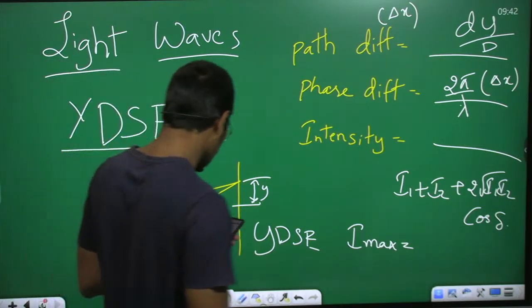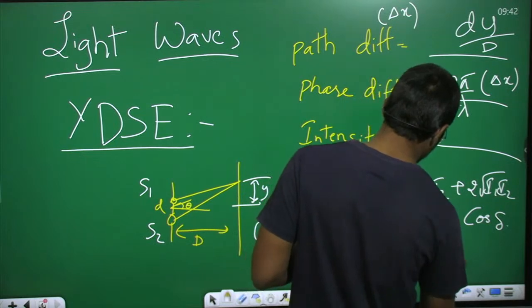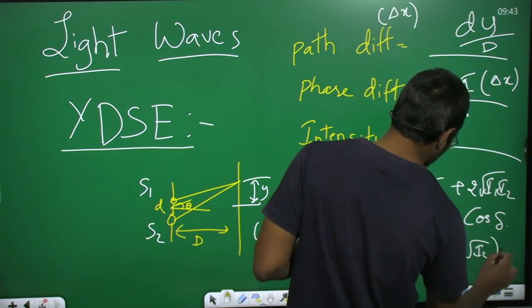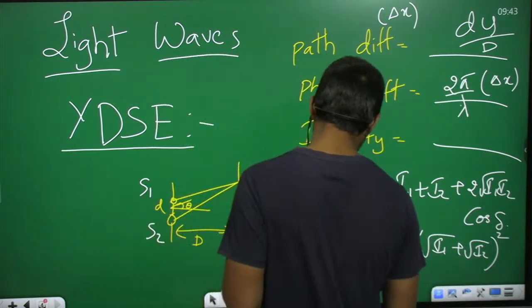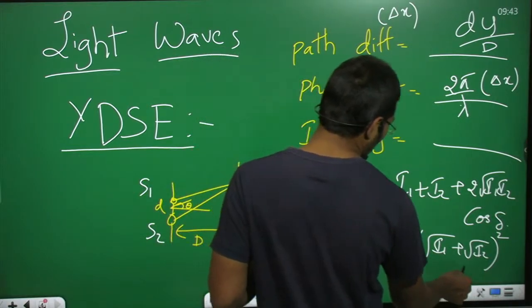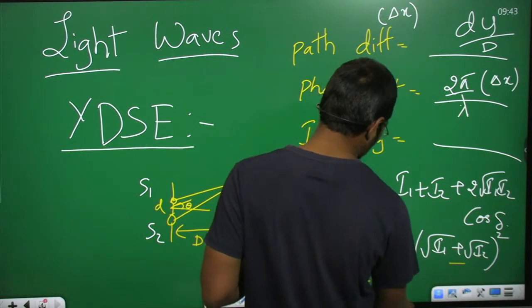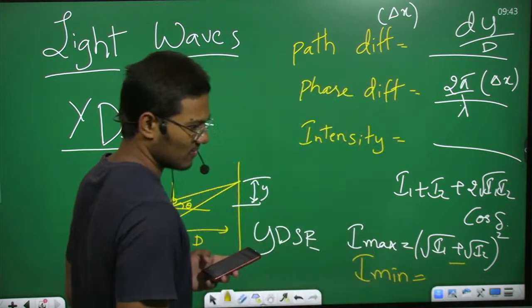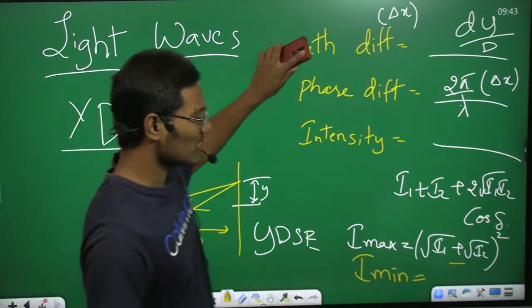So what is the Imax? Under root of I1 plus under root of I2 whole square. In a similar fashion, if you replace this with I minimum, you will have minus for I minimum. Hope this is clear with you.